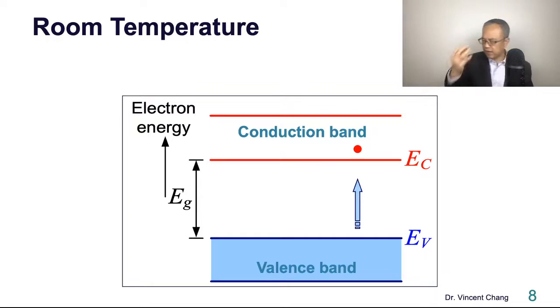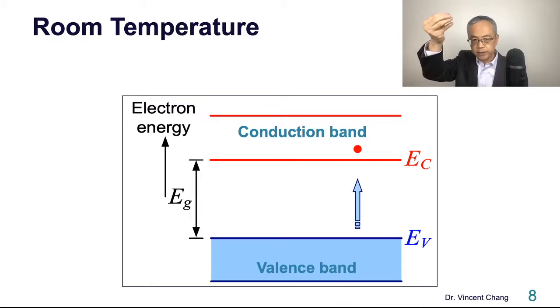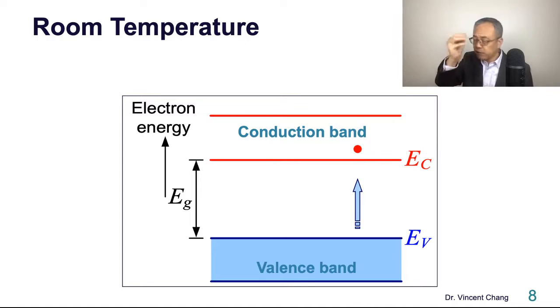Once the valence electron receives the thermal energy, it can jump. Jump to where? The energy has to be sufficient. If the energy is sufficient, it can jump across the band gap and reach the conduction band. Then the electron can stay there.